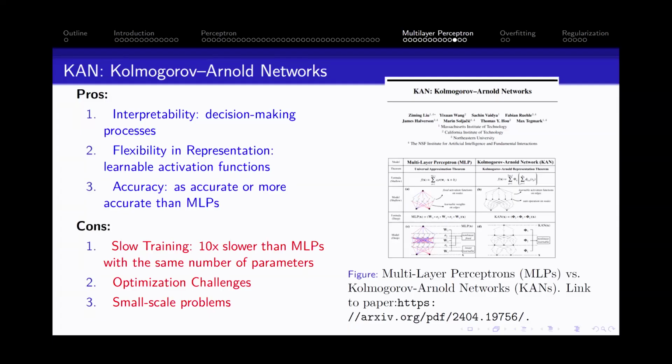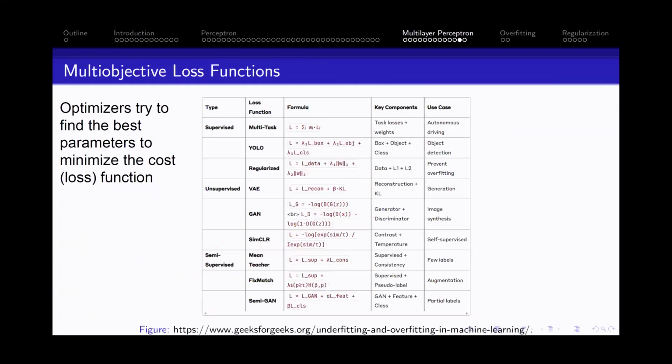It's useful when you want to keep your accuracy high, and also have more flexibility in your activation functions. But it may be super slow if you don't have good hardware in your system.